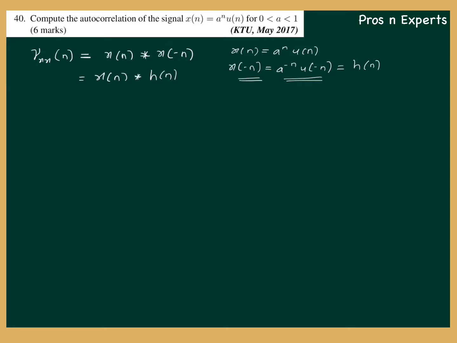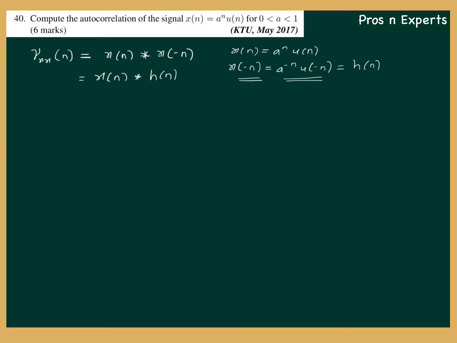So we have to follow that method where we computed the convolution integral. The first step to that is to change the index of the symbols, x of n to x of k, similarly h of n to h of k. Why are we doing that?